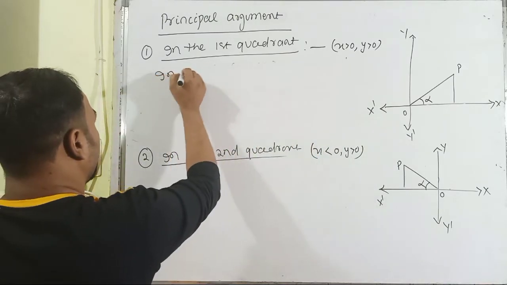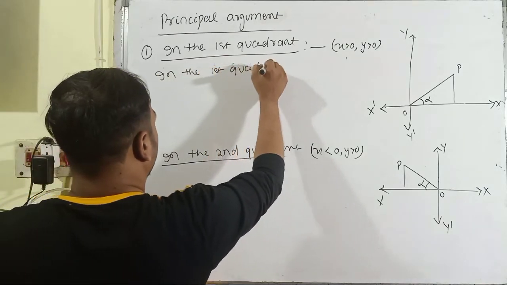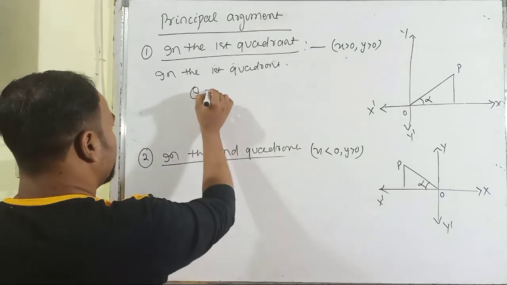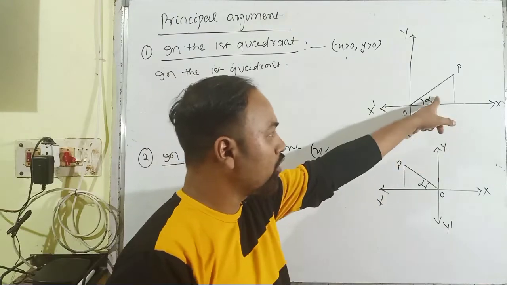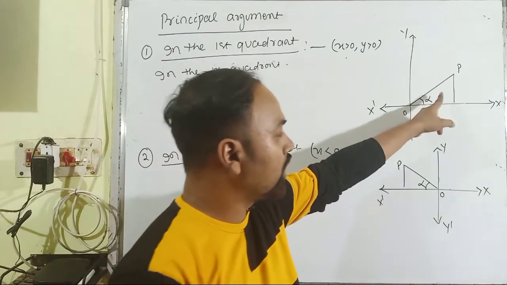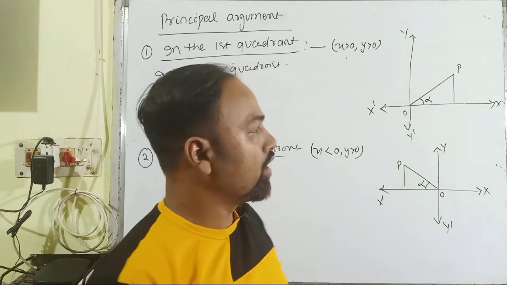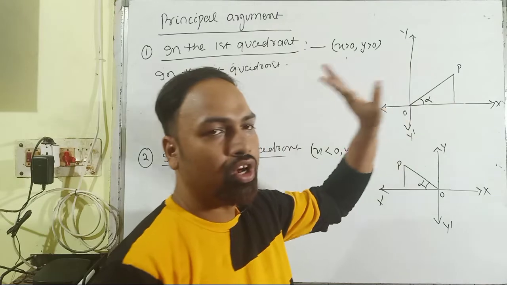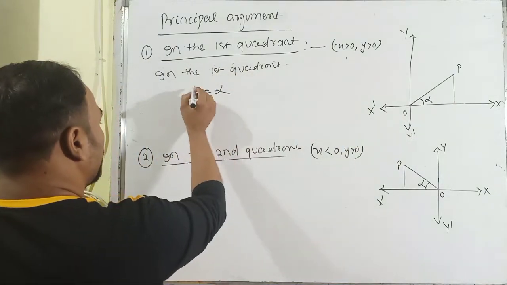In the first quadrant, theta is equal to alpha, because this is the acute angle, so here the principal argument is equal to the acute angle made by the line OP with respect to the x-axis. So in the first quadrant, theta is equal to alpha.